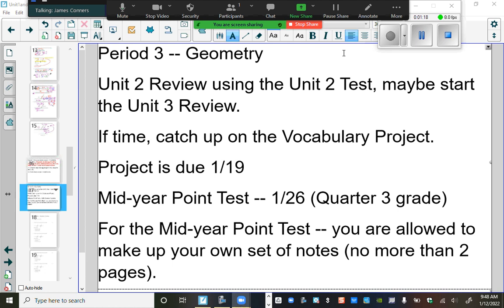All right, game plan for what's going on. We're going to start the Unit 2 review today. Let's see if I can move this.